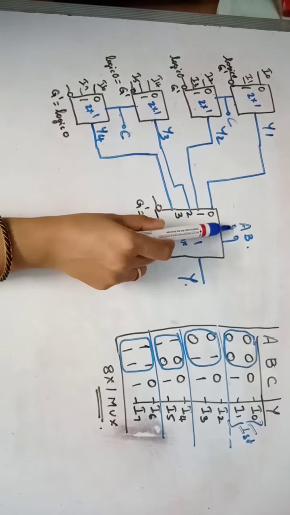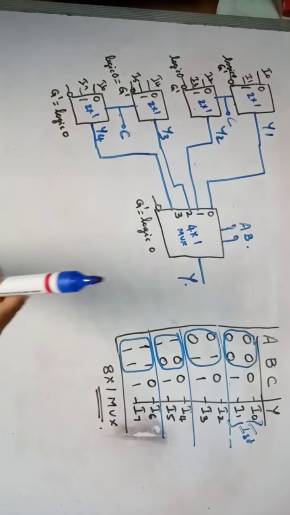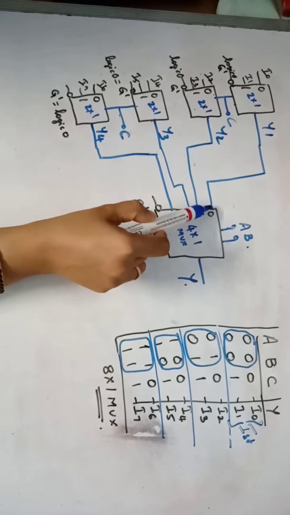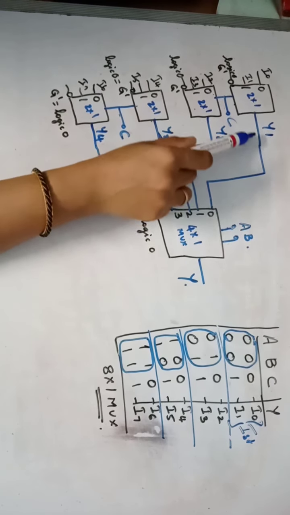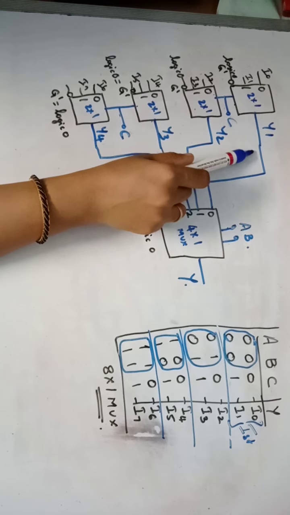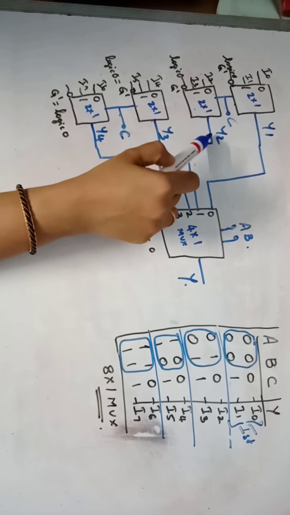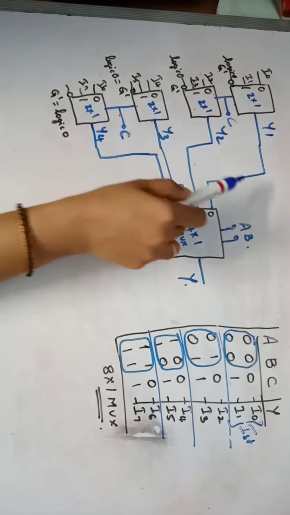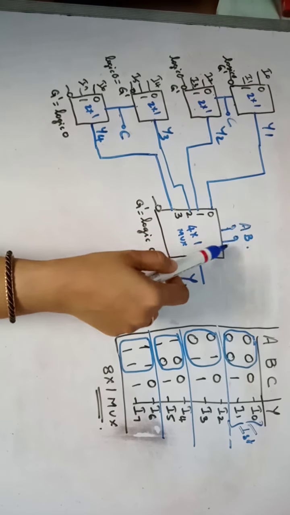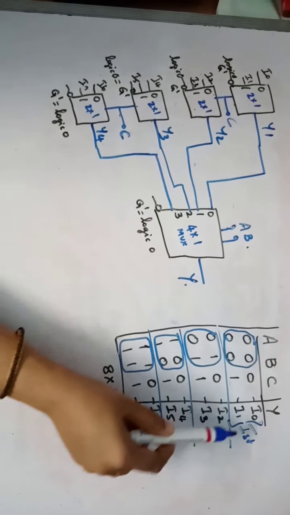So if you see A0, B0, C0, A0, B0 means Y1 is selected, C0 means I0 is selected. So I0 will come to Y1, C0 means here I2, I4 and I6. But only Y1 is selected since AB is 0, 0. So Y will be I0.